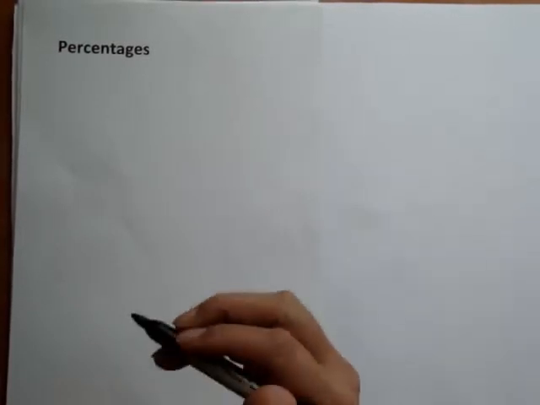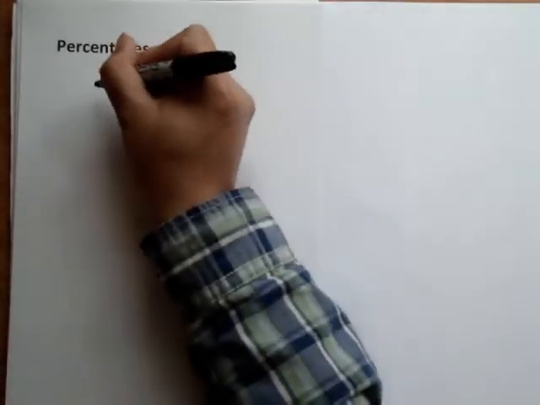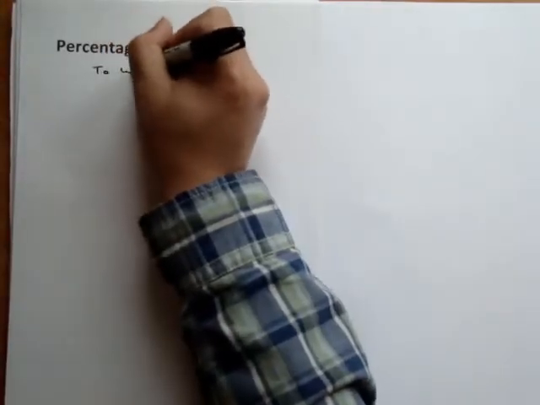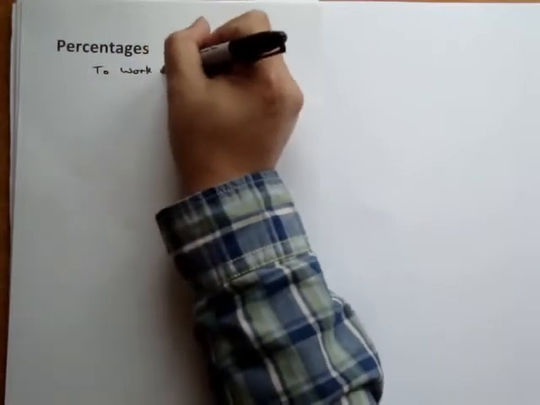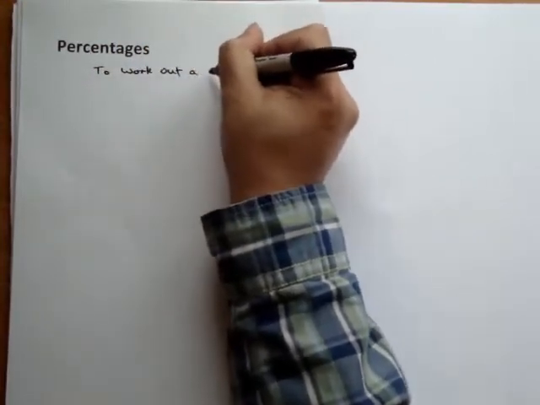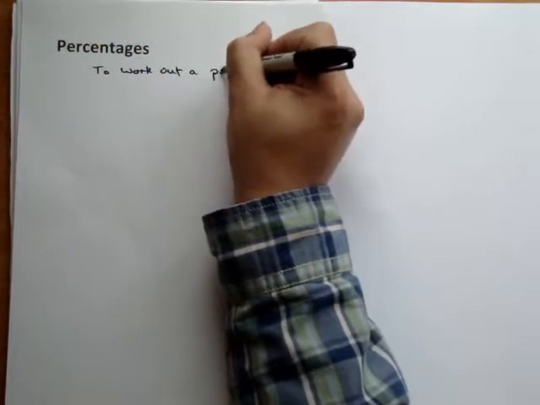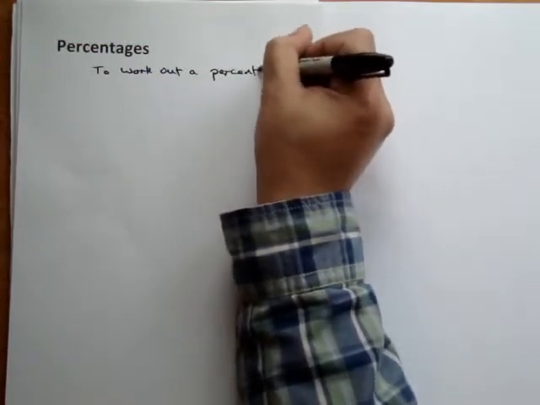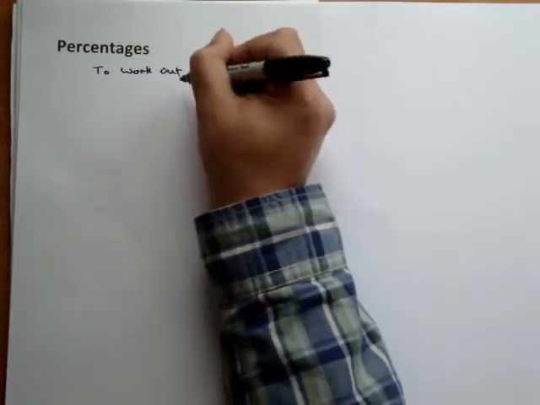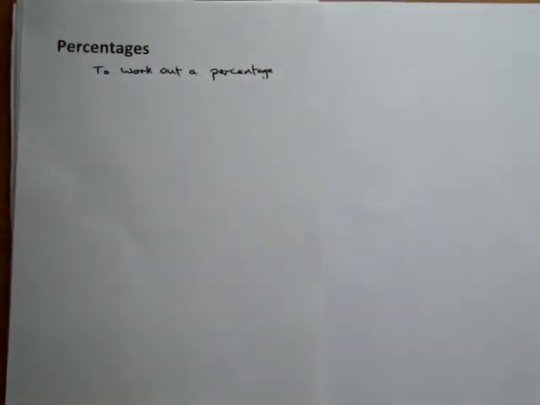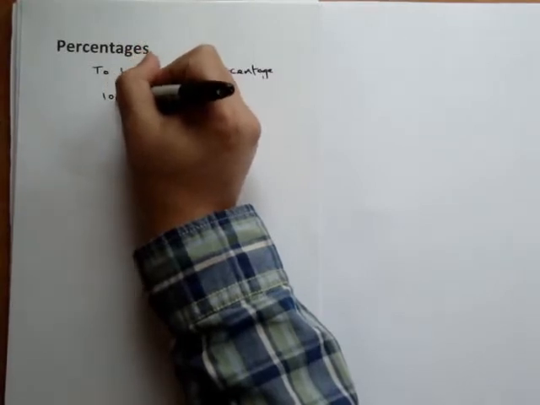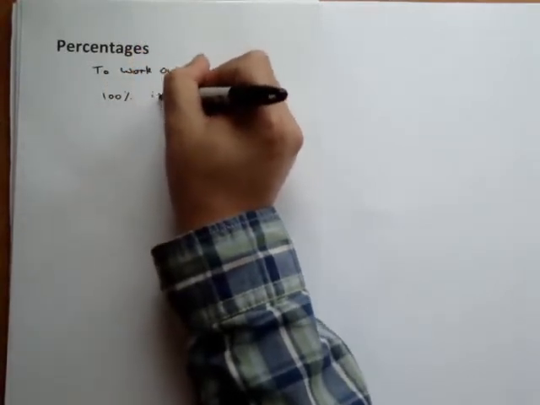In a multiple choice exam, if you wanted to work out a percentage of something in your head quickly without a calculator, let's do a quick method of doing that. So to work out a percentage, what we have to remember is that 100% is itself.